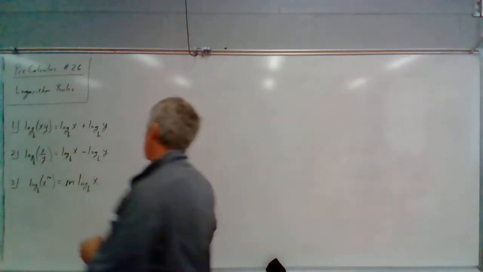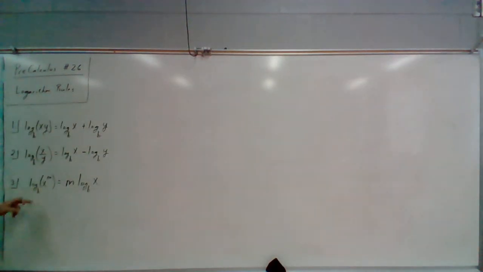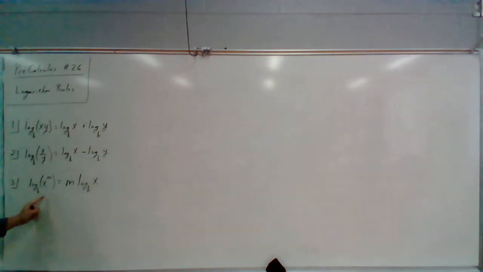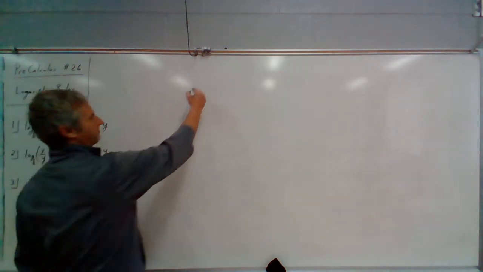Alright, so let's have a look at our third rule. We have log base b of x to the m power, x to the m is in parentheses. That's going to equal m times log base b of x. So notice this exponent comes down to the front. Okay, let's see if we can prove this rule. The first thing I'm going to do is give log base b of x to the m a name.